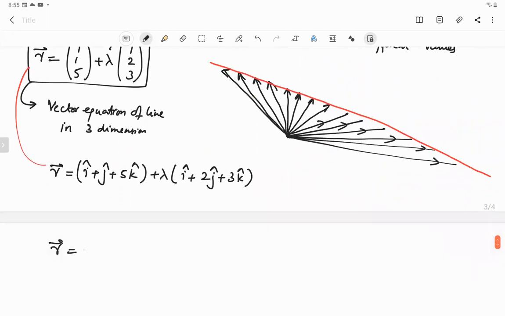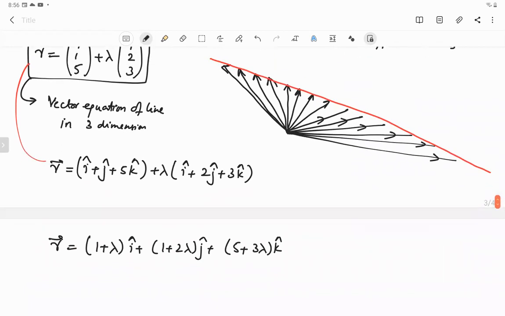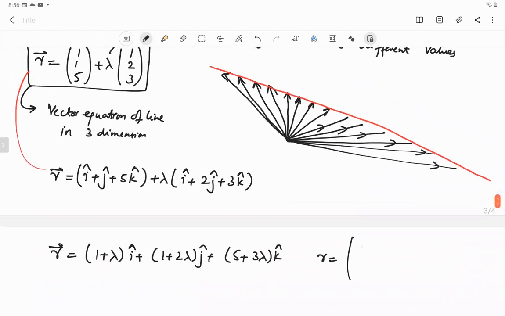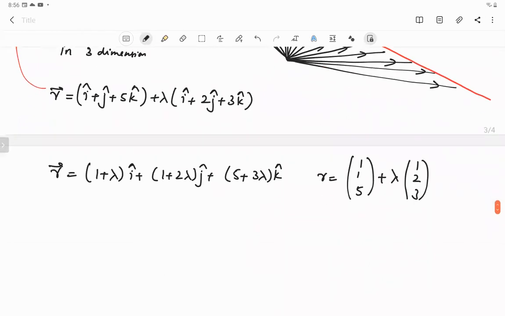We can also combine all the points which have i in common and which have j in common, and then this is R. We can also show it like this: (1, 1, 5) plus lambda (1, 2, 3).